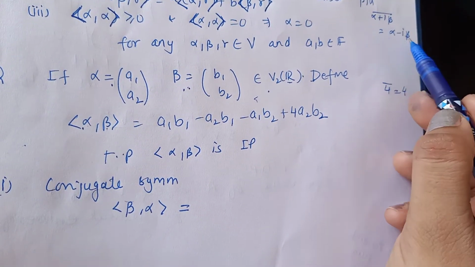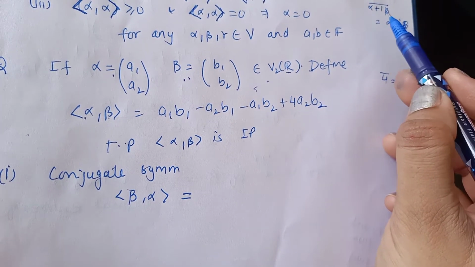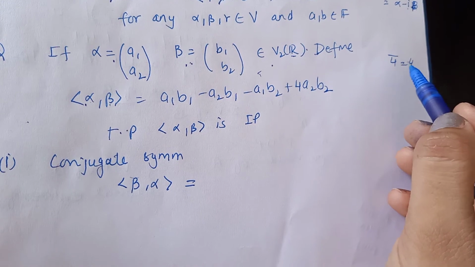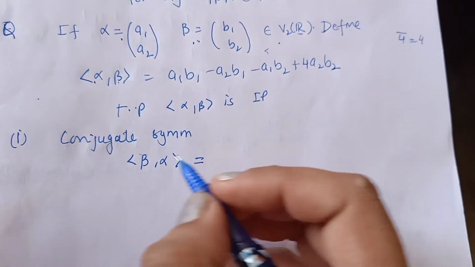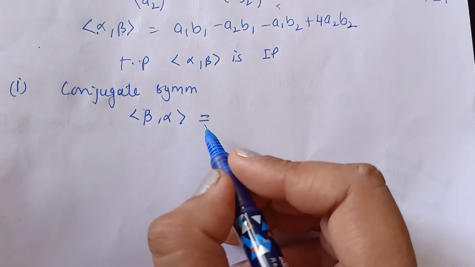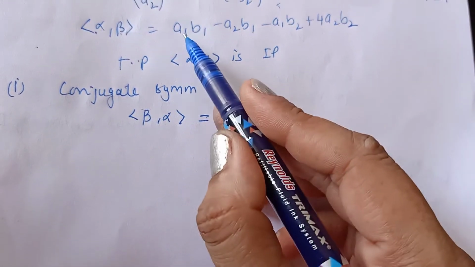Iota is changed into minus iota to find the complex conjugate. Since this number is real, its conjugate will be itself. So I have to check the inner product of beta and alpha.